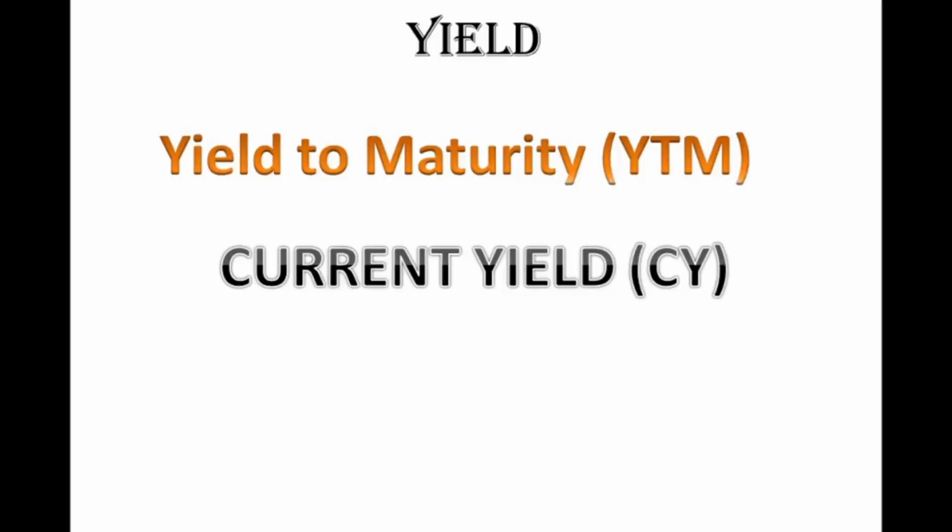The term itself explains that it is the current yield that I am earning. Yield to maturity is nothing but what will I earn at the maturity of the term for which the bond was issued. What will I get in return? That is determined through yield to maturity.